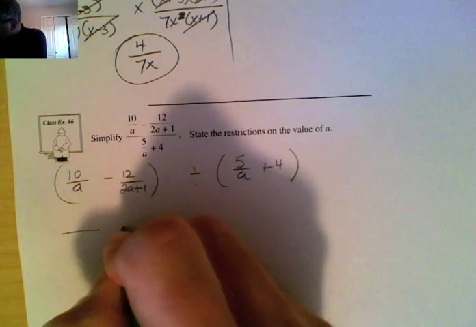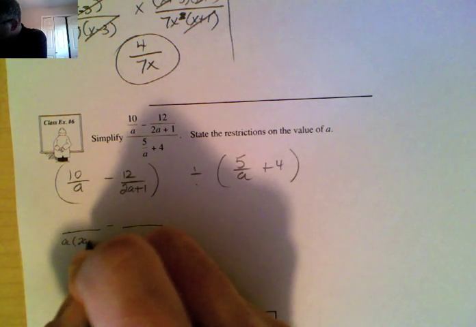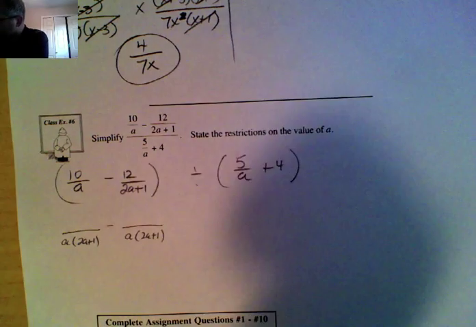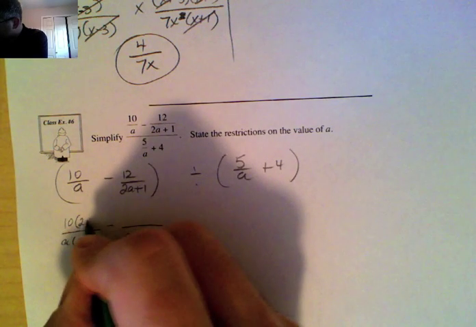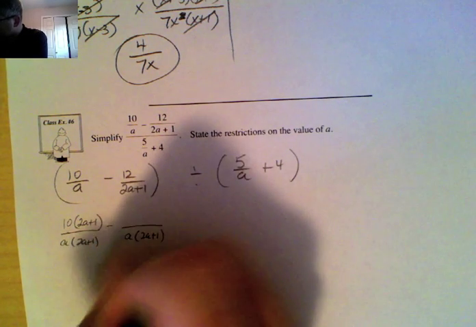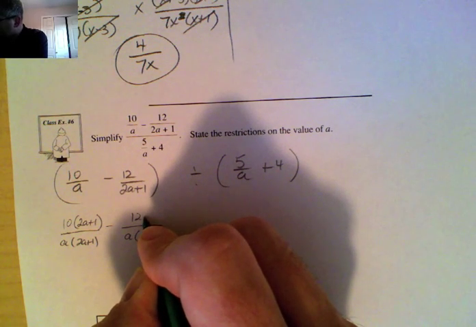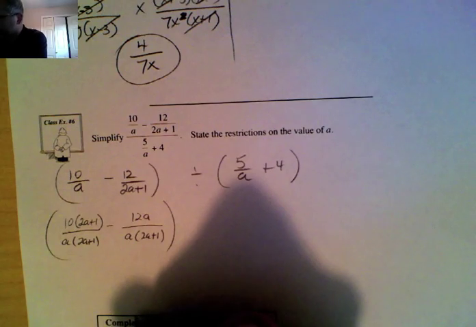So in our left-hand side here, we're going to have a times 2a plus 1 being our common denominator. So that means my numerator of 10 is going to have to get multiplied by 2a plus 1, and my numerator of 12 is going to have to get multiplied by a. I'm going to finish this.